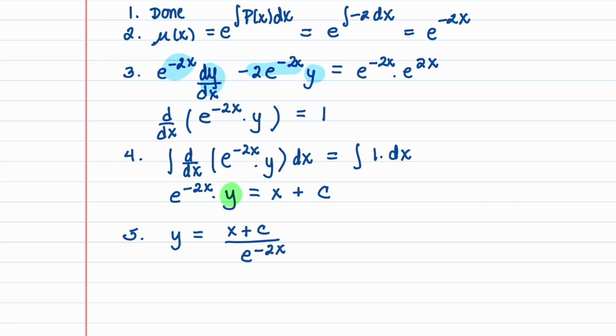The best way to write this solution is to rewrite 1 over e to the minus 2x as e to the 2x. So our final solution is y is equal to x plus c times e to the 2x. And that's our final answer.